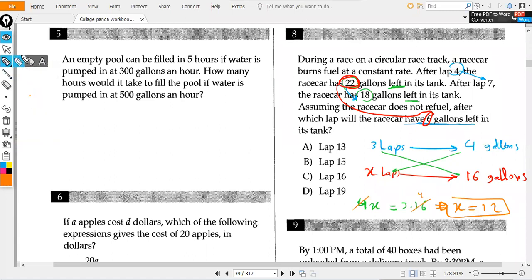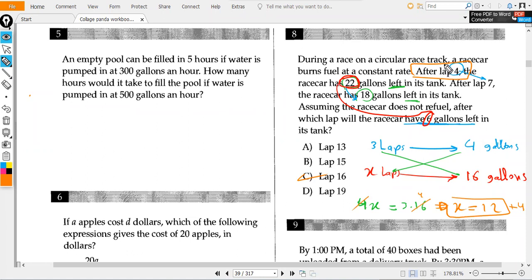Did you know that we started from lap 4? So from lap 4, we needed 12 laps after lap 4. So the total number of laps is 16. Got it or not? This 22 gallons is after lap 4.